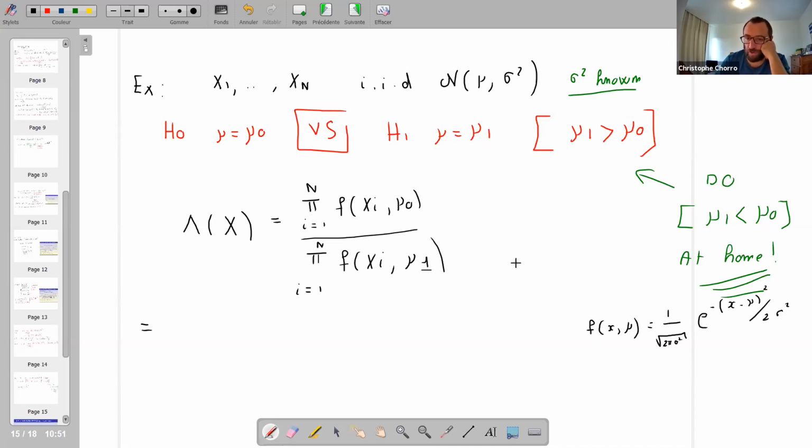So if I do the product and plug in capital Xi here, I obtain the following. I will have simplification of the 1 over the square root of 2 pi sigma square, because the variance is known.